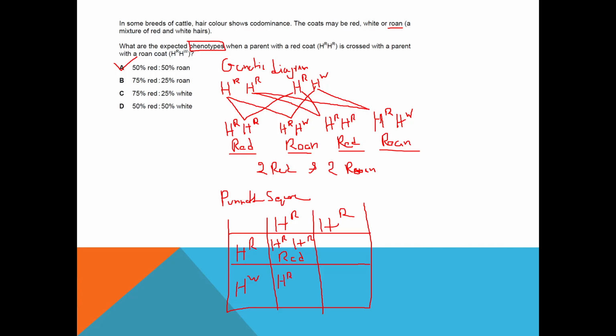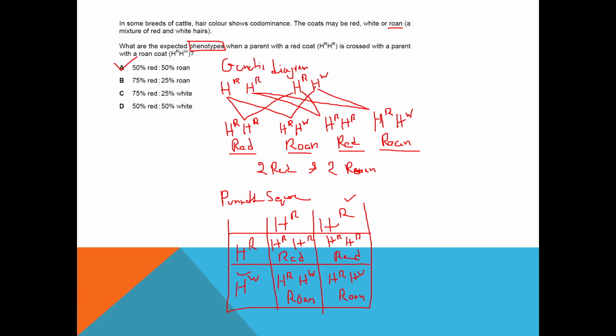We know that is codominant, showing both red and white, so that color is called roan. This box here will have HR, HR, which represents red, and then HR from here, HW from here, so we have HR and HW, which is roan.